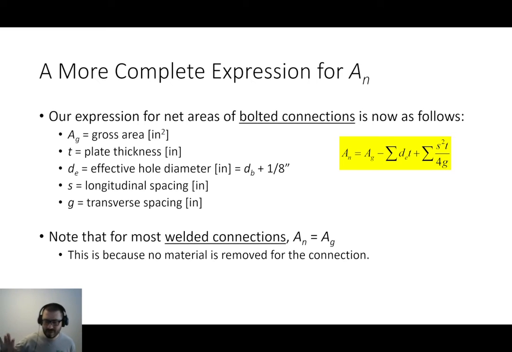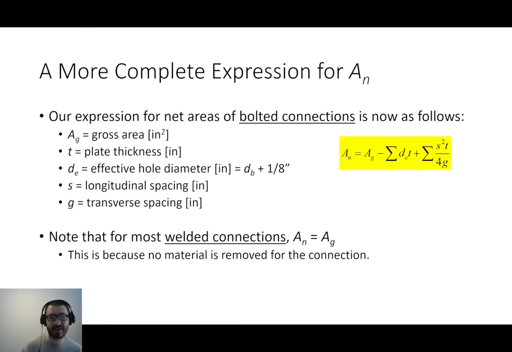Now, one thing that I really haven't talked about is that for this lecture and for the previous lecture, I focused on bolted connections. Well, what about welded connections? Well, the gross area and the net area are usually the same. So for example, if we're talking about an angle that's been fillet welded onto a plate, you're not removing any material from that angle in order to make the connection.